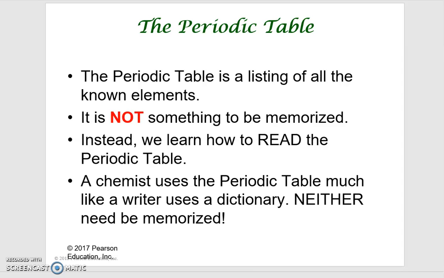But in the following lectures, I will teach you how to use the periodic table correctly. That is the main goal for this chapter: we are going to learn how to read the periodic table and how to get the information we want from it. This is very important. It is just like a dictionary. When we need some information, we just go there and grab it.